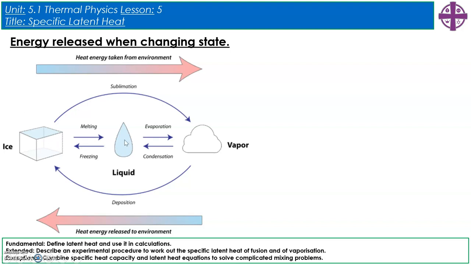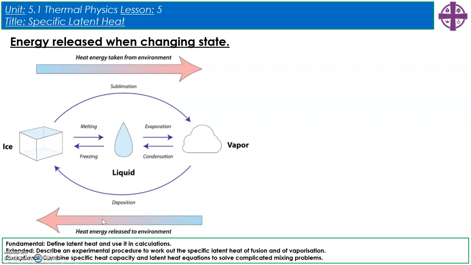If we go from ice to liquid or liquid to gas, we need to put energy in. But if water vapor condenses back to a liquid, it releases energy, releases heat. Same thing with liquid water going into solid ice, it releases heat into the environment.